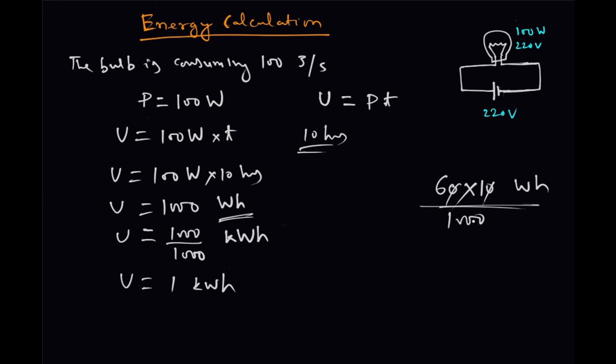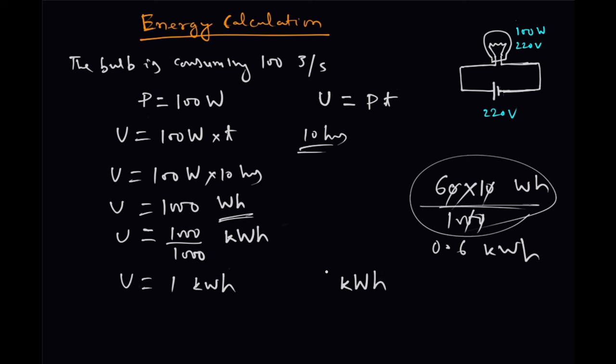This will be cancelled, so it will be 0.6 kilowatt hour. This is a very small figure, and multiplied with 30 we get the energy consumption for 30 days. You can see that this figure has become very small. So the utilities find it convenient to use this unit, kilowatt hour.